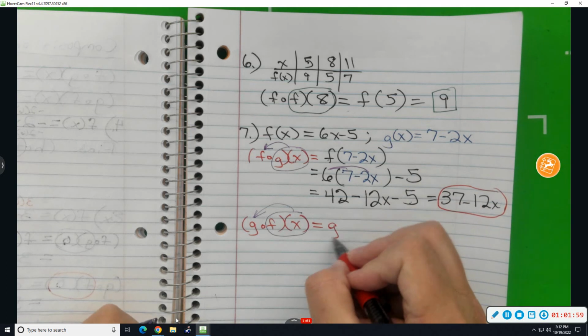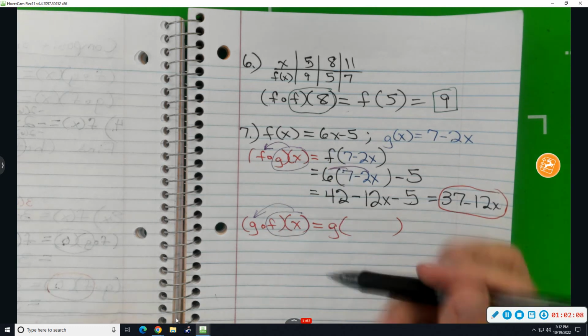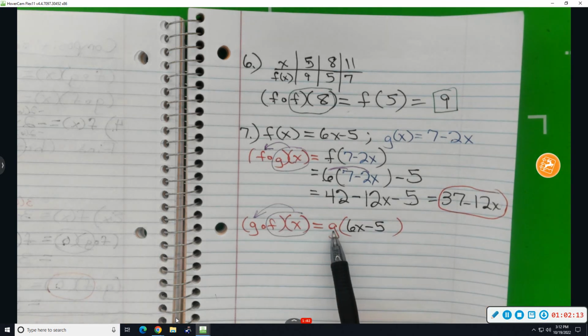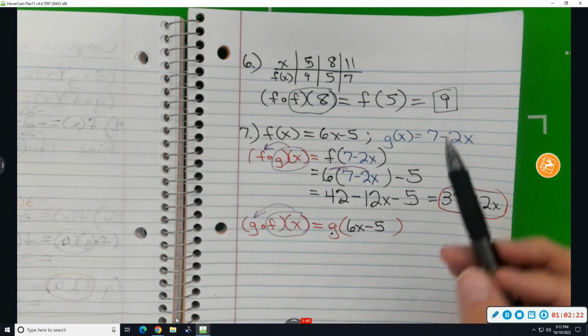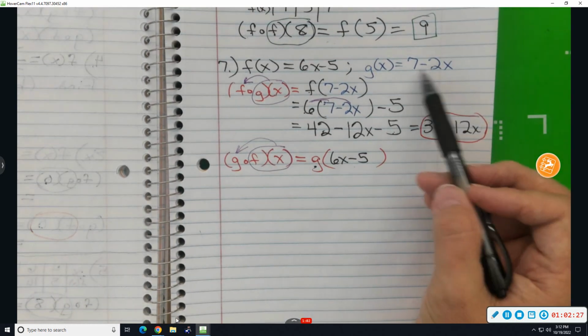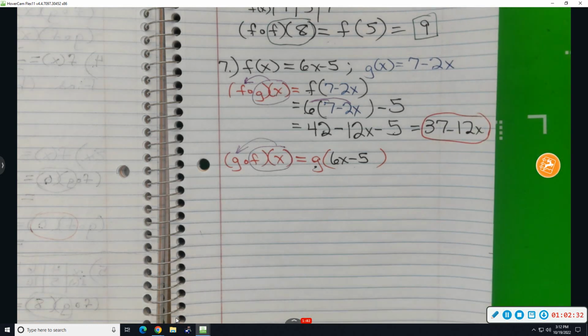So g is still on the outside. f of x, we know that's 6x minus 5. So this says go to your function g, and wherever you see a variable, replace it with 6x minus 5. Here's my function g. I'm going to replace this variable here with 6x minus 5.